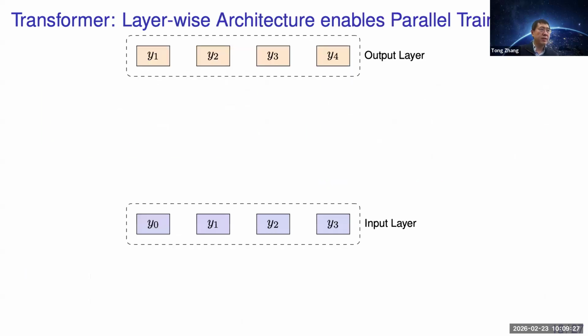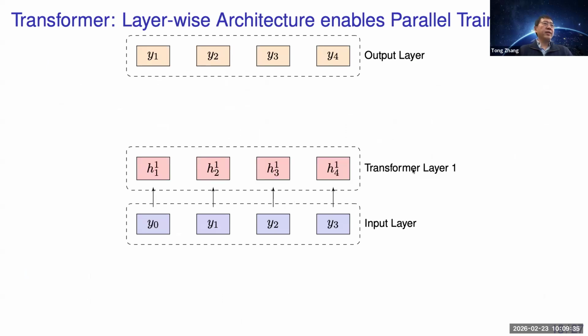So let's take a look at this layer-wise. This is just the input layer, right? There are also transformer layers, and we will talk about the transformer layer. This transformer layer typically has two components. One is attention, another one is FFN. FFN we'll talk about next time. So today we'll focus on attention.